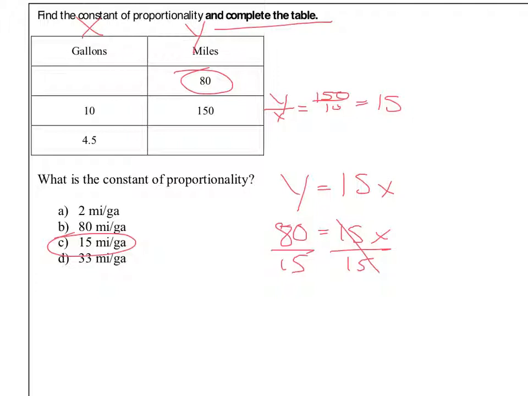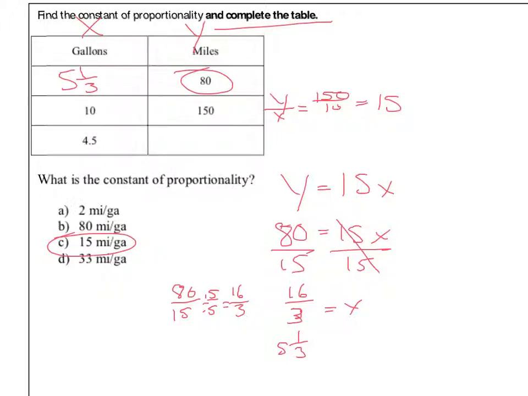I'm going to simplify. 80 over 15, divided by 5 over 5, is going to give me 16 over 3. So 16 over 3 is equal to x. If we want to simplify that, that's 5 and 1/3 gallons of gas.